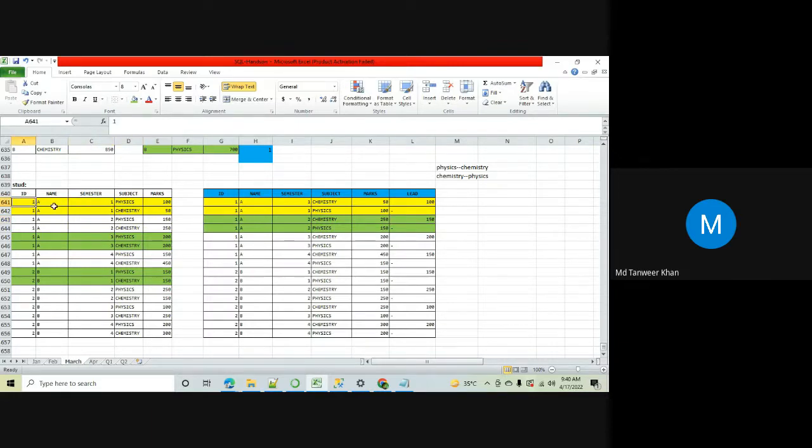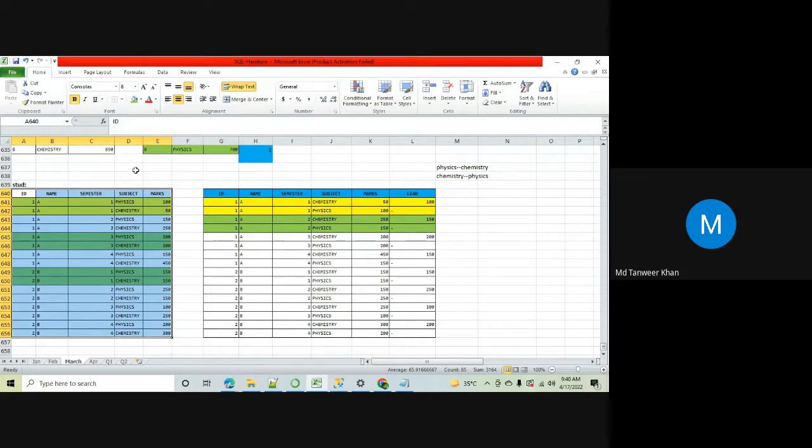See, this was the original data, right? The question is to find those students who have scored the same marks in physics and chemistry in a particular semester. First of all, the question is clear to everyone, right?